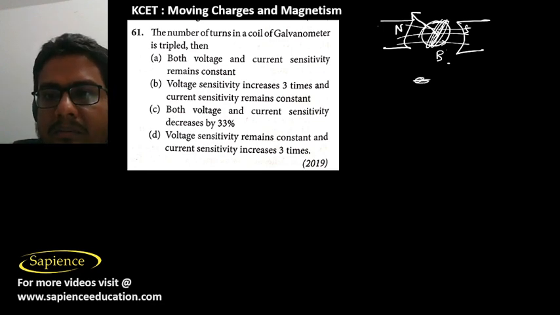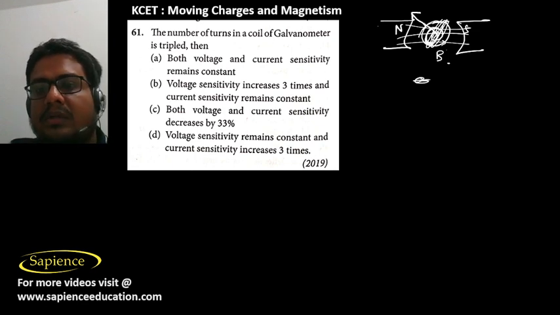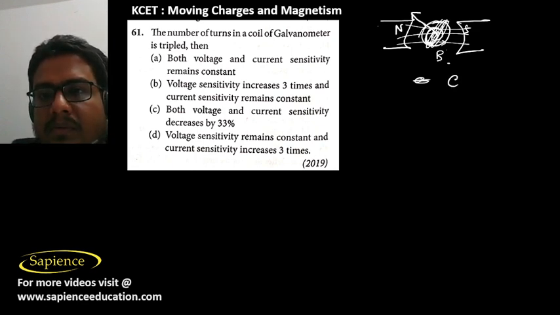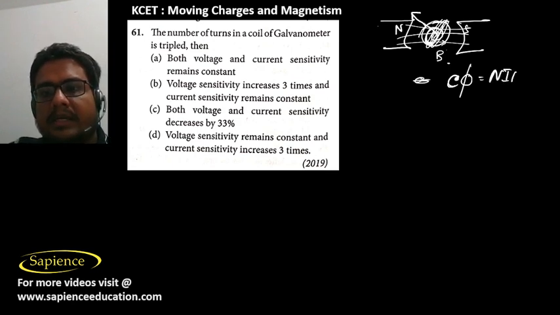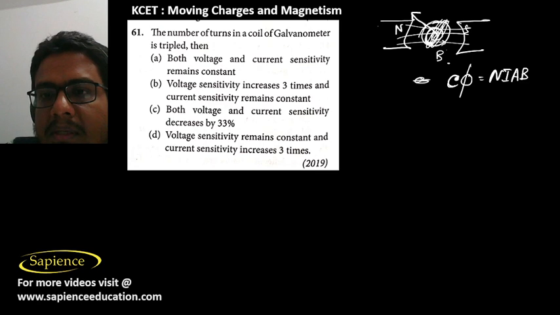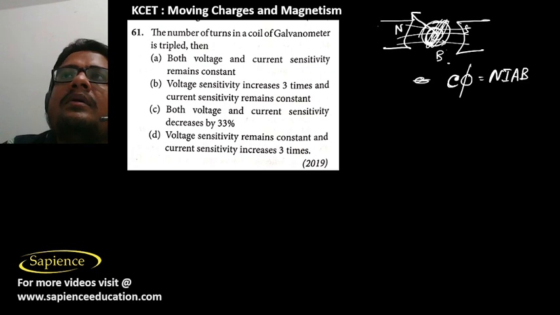Now we know that the counter torque is provided by a spring, which is equal to C into phi, where C is the spring constant. So C into phi is equal to the torque due to the magnetic field, which is M cross B. M is equal to NIA, so NIAB.